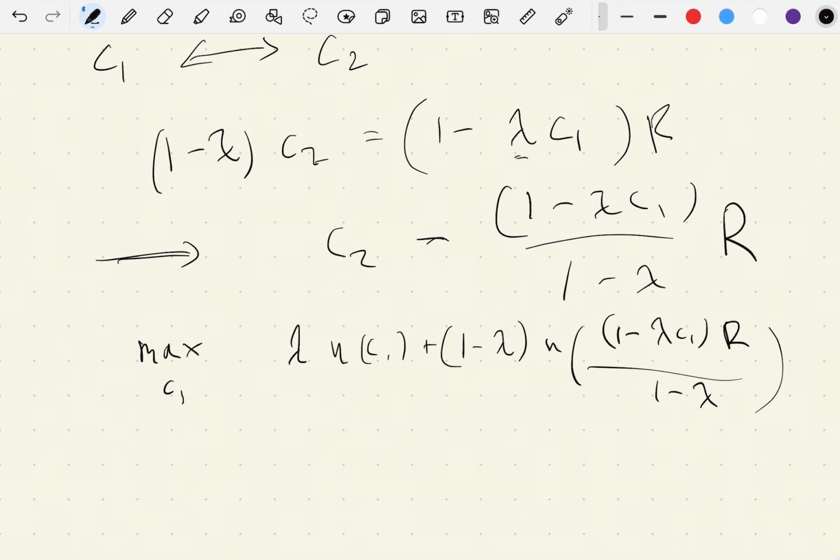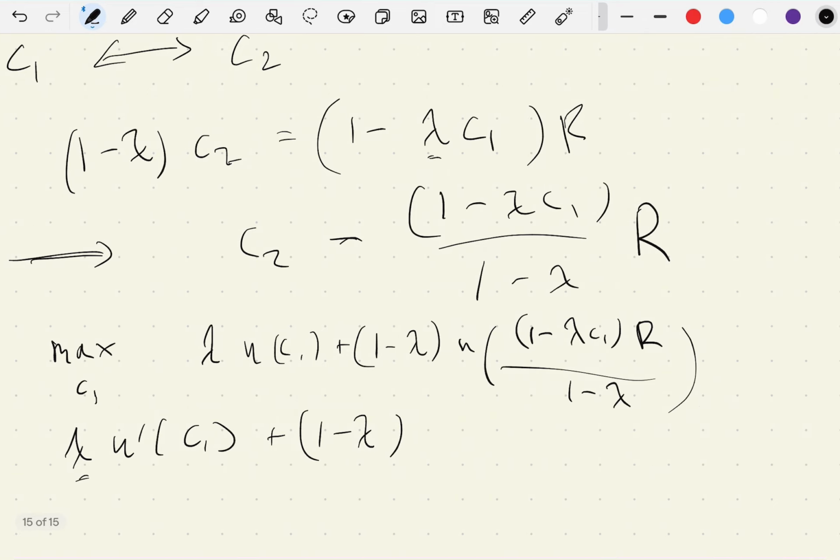All right. The first order condition: if we take the variation of this with respect to C1, we would have lambda u prime, the derivative of the utility function, minus 1.